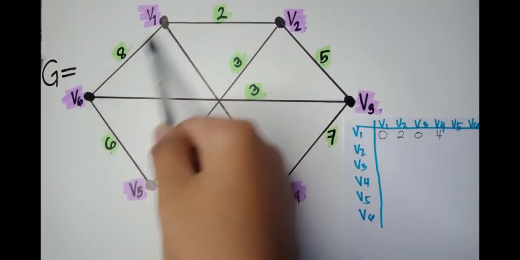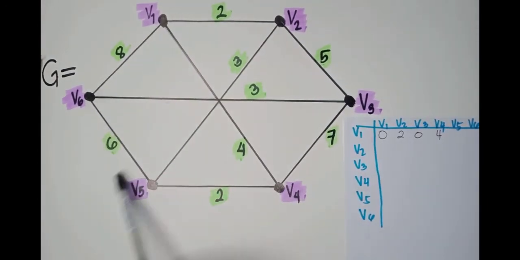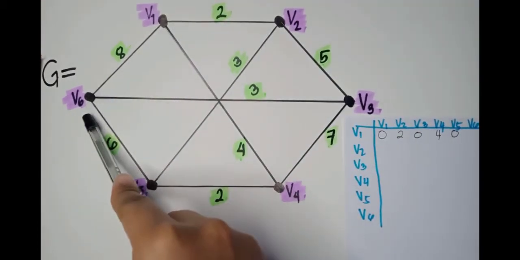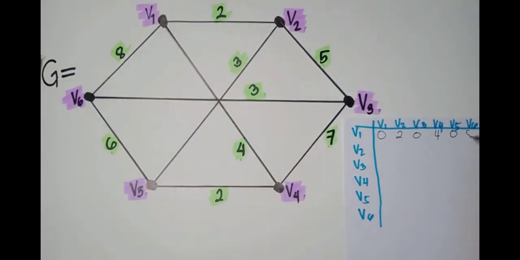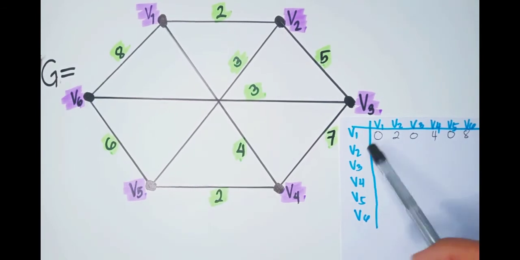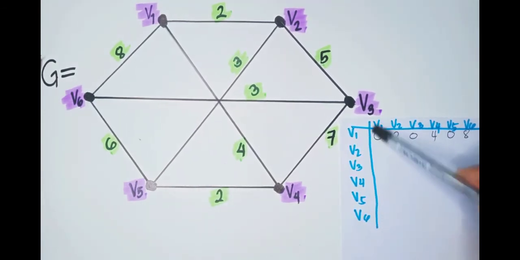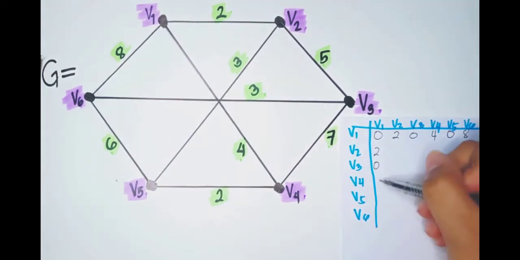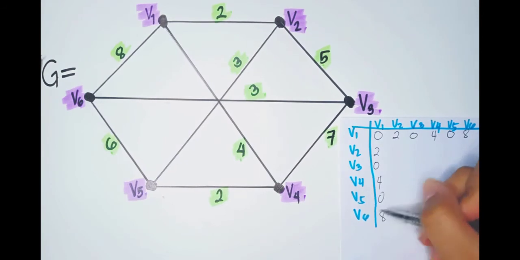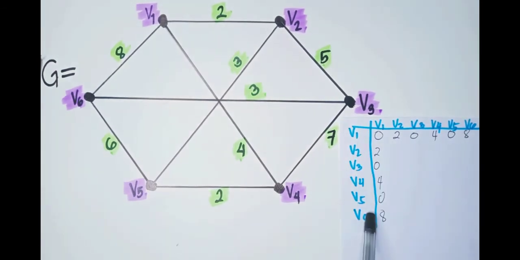V1 is not connected directly to V5, so we're going to put 0. V1 to V6 has a weight of 8. So since tapos na sa horizontal side, just copy to the vertical. 2, 0, 4, 0, 8. Kasi pag hinanap mo to dito, parehas lang naman.